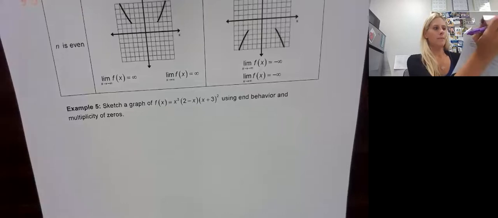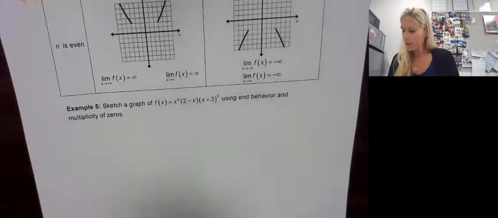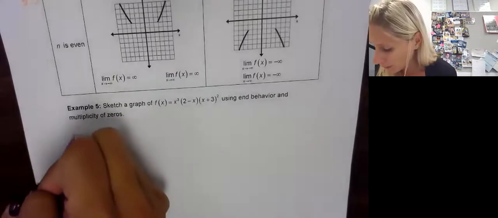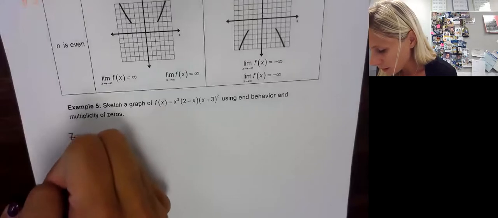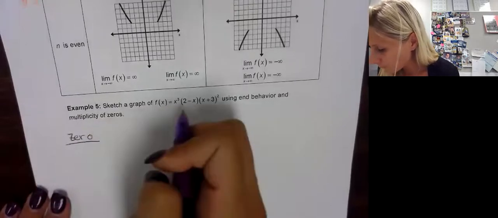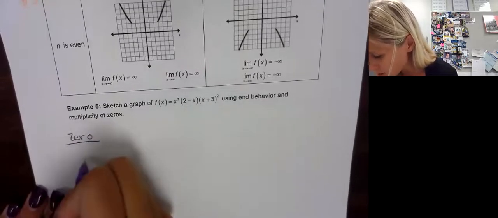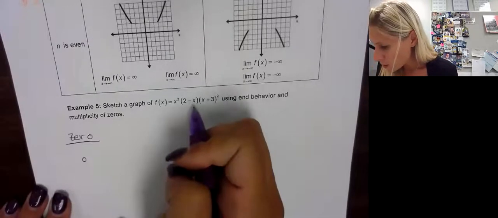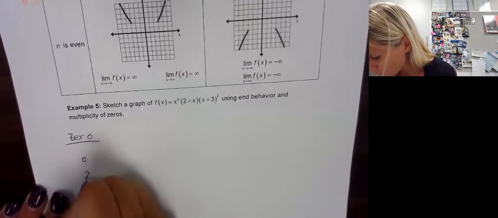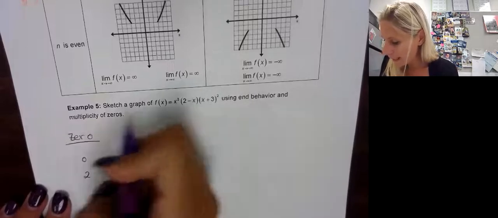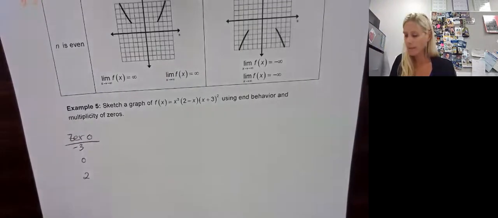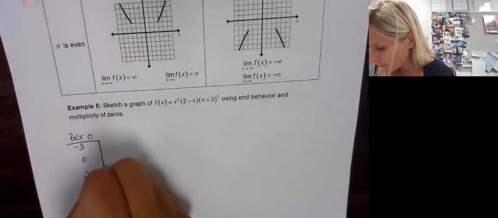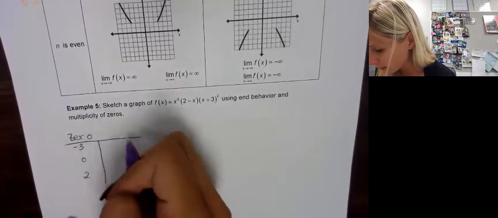All right, so first of all, let's do a table. The best way to see this is to do a table. So it's the zeros. We have 0, 2, and -3. So I'm going to put that in order. Then we're going to think of our multiplicity.